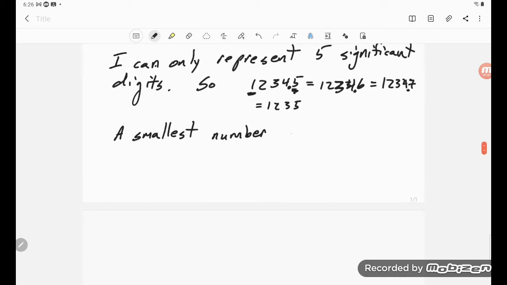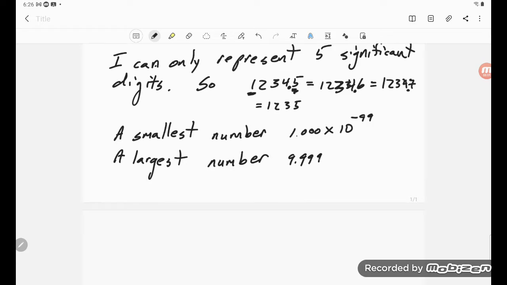So my smallest number would be 1.000 times 10 to the negative 99th. And my largest number would be 9.999 times 10 to the positive 99th. Okay, so that would be the best I could do. If I needed bigger numbers than that, I'm sipping some hot chocolate here, sorry.